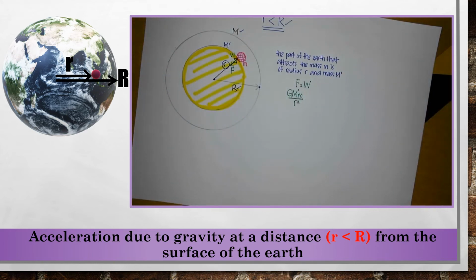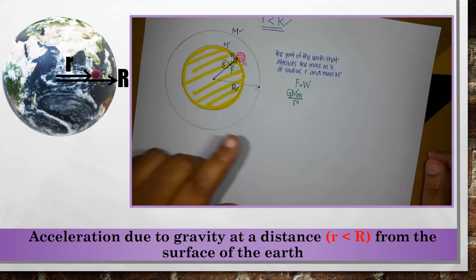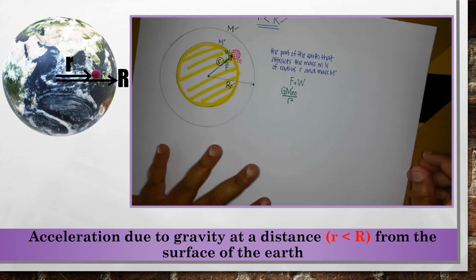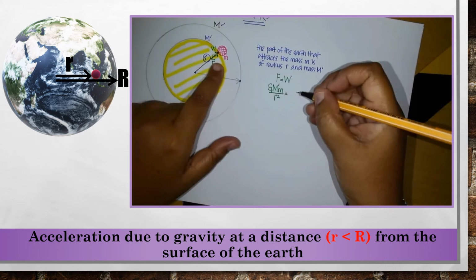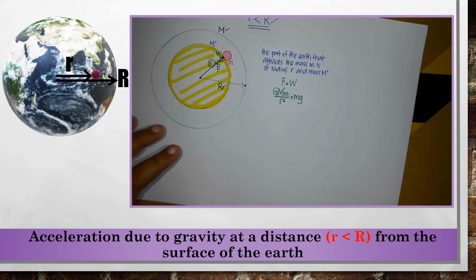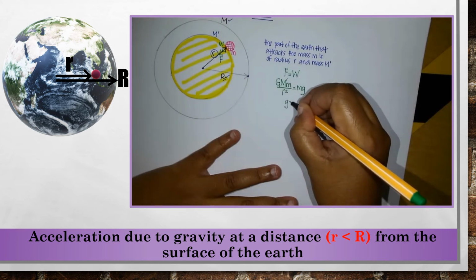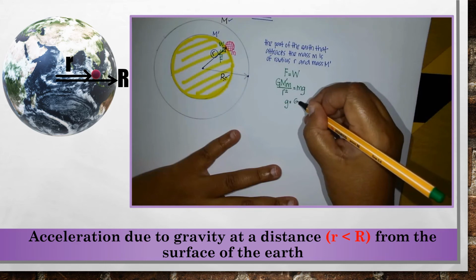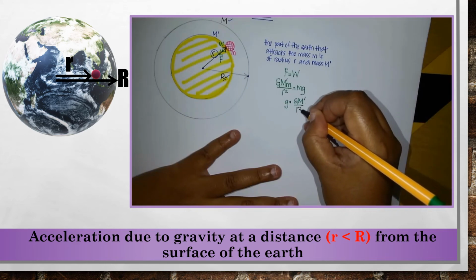You notice that I didn't put the negative here because I'm looking at the magnitude. The negative just shows that it's an attractive force. And the weight W will be mg. Therefore we cancel, and we get g equals G m naught over r square.